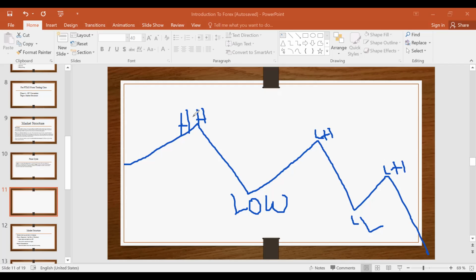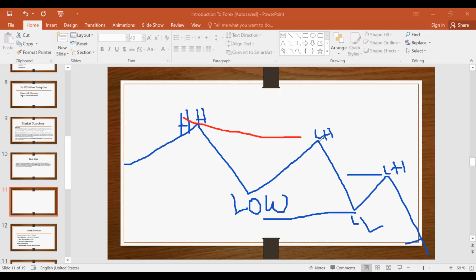Whenever you see the market moving from a high to a low, then to a lower high, then to a lower low, because this one is lower than this one, and this high is lower than that one, and we keep going down with another lower low, we call this a downtrend.